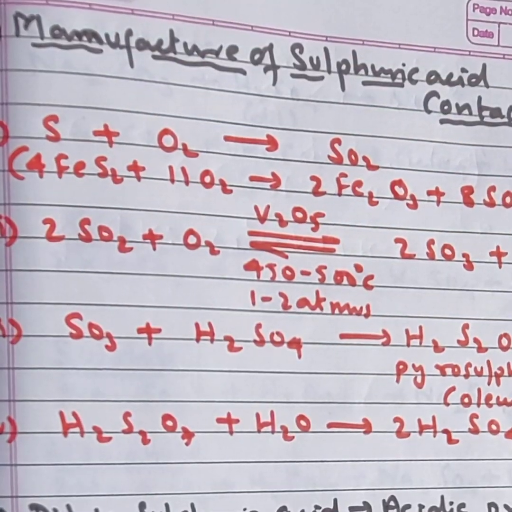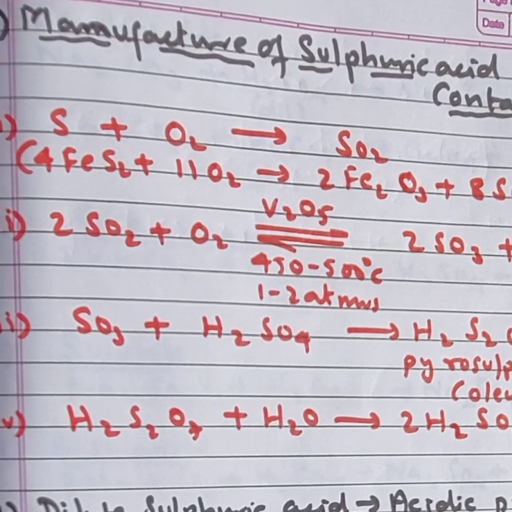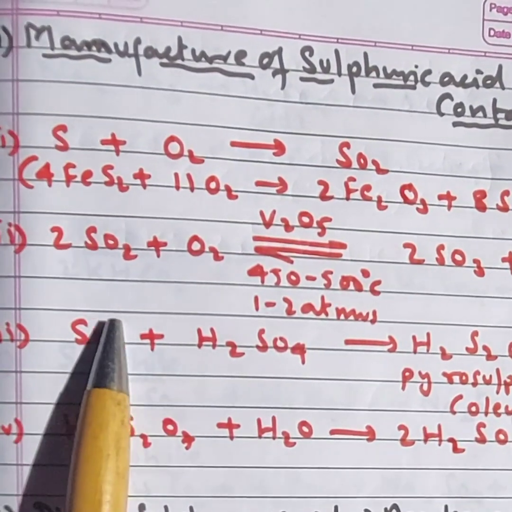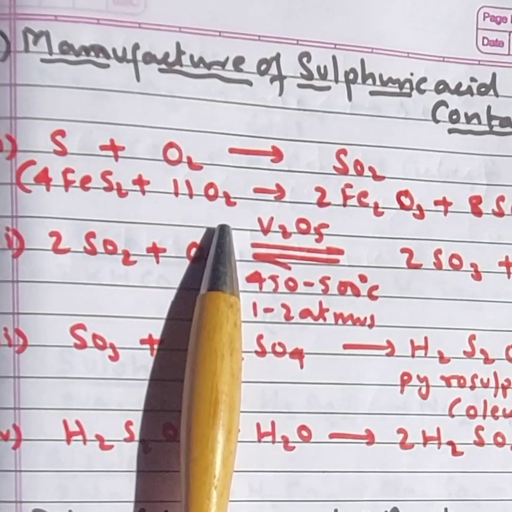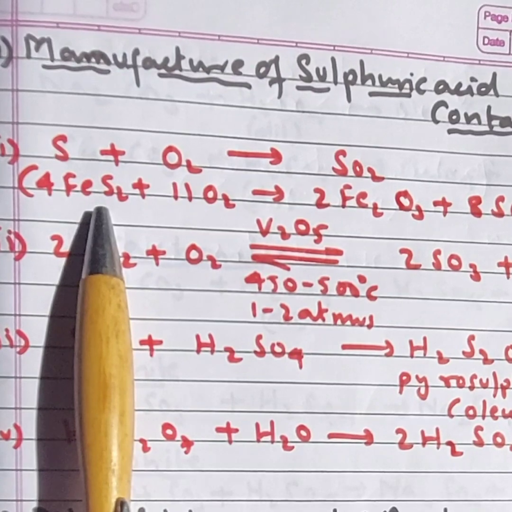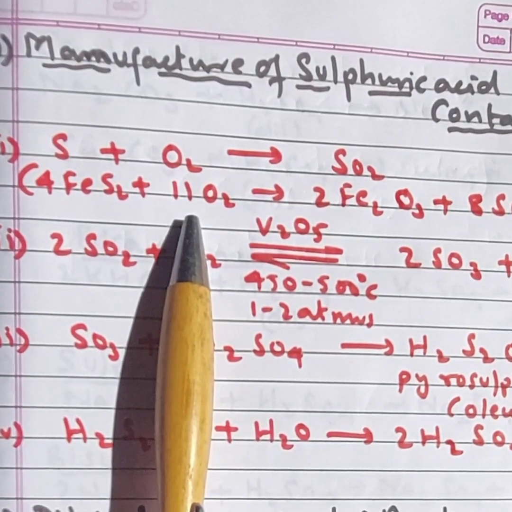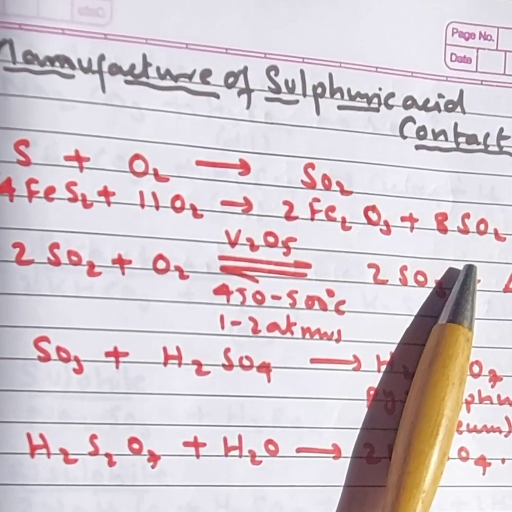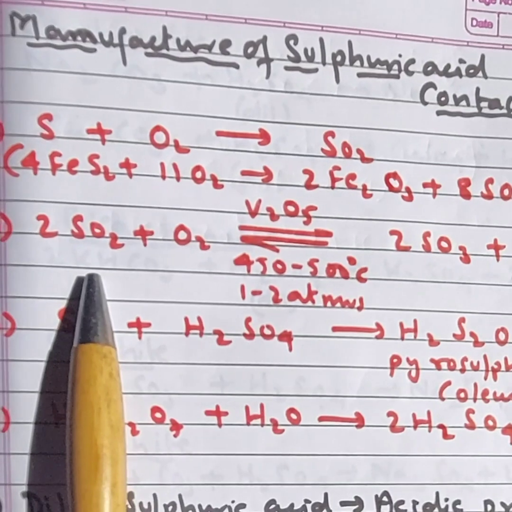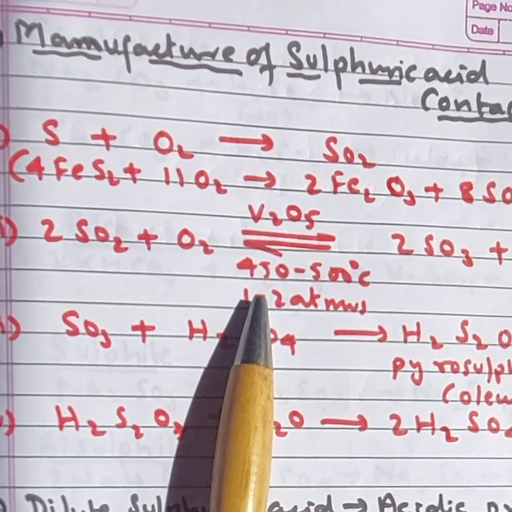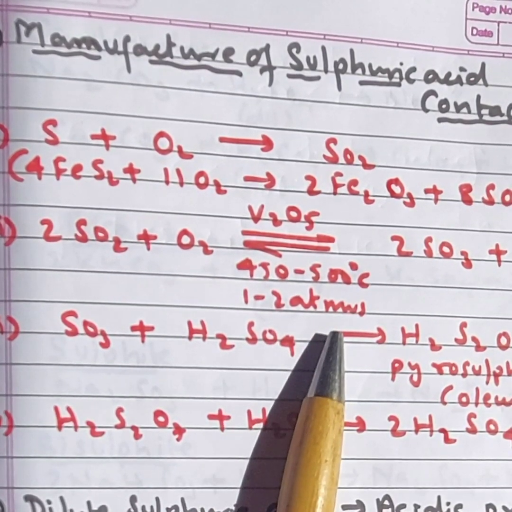Equations of sulfuric acid. The first four equations which we learned were the manufacture of sulfuric acid by the contact process. So here we have sulfur plus oxygen gives you sulfur dioxide. We can also use iron pyrites, FeS2 plus 11 oxygen gives you 2 Fe2O3 plus 8 SO2. This is an important equation. Then the next one is sulfur dioxide plus oxygen in presence of vanadium pentoxide, 450 to 500 degrees Celsius, 1 to 2 atmosphere.